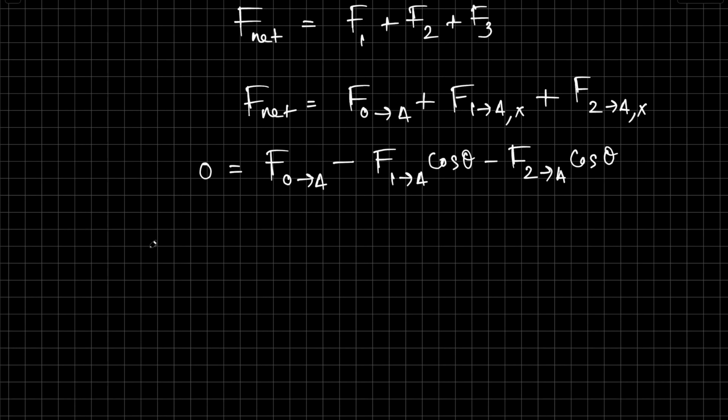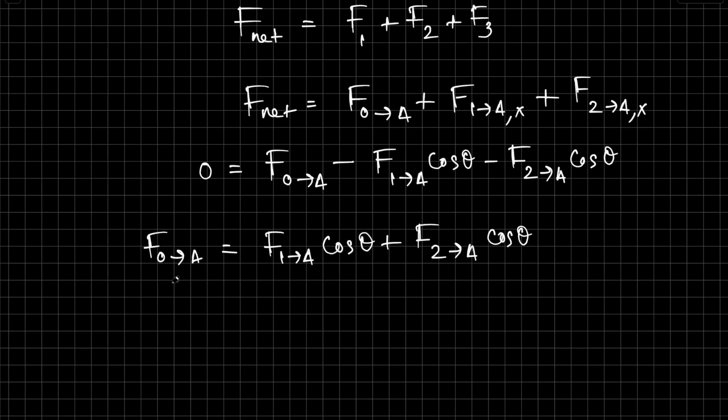So rearrange it. F0 to A, taking this to the left side, it will be minus. You can cancel out all the minus signs. So F0 to A equals F1 to A cos theta plus F2 to A cos theta.